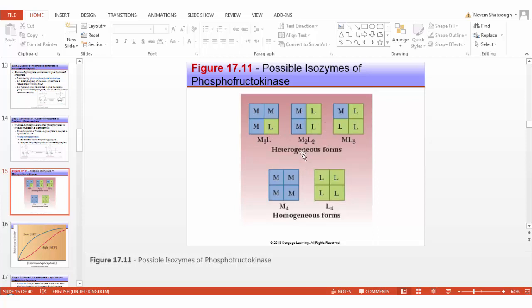So how many? We have 5 isozymes, and they can be separated from each other by electrophoresis. In red blood cells, several of the combinations can be found. So these are the possible isozymes of phosphofructokinase.